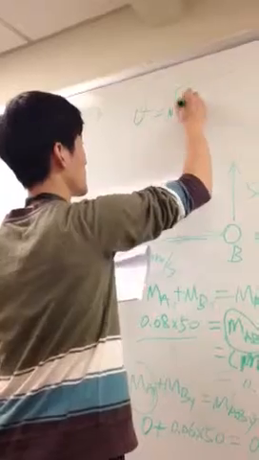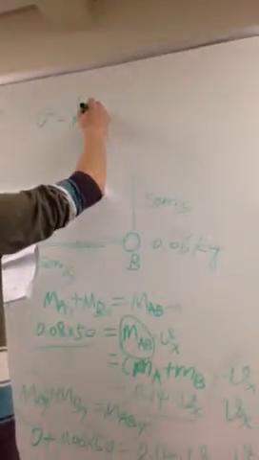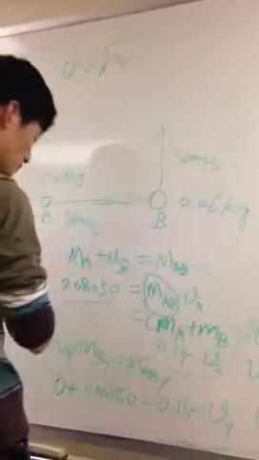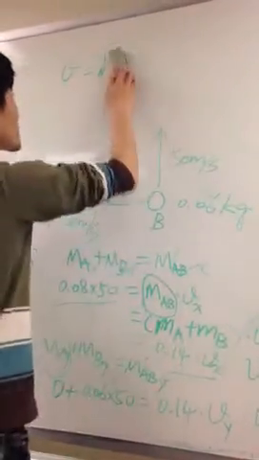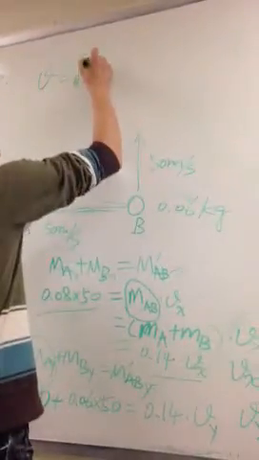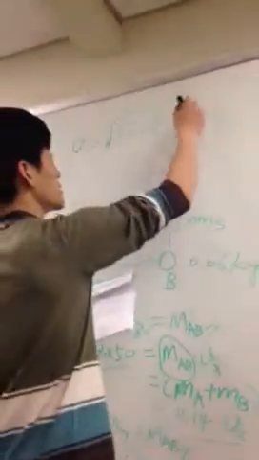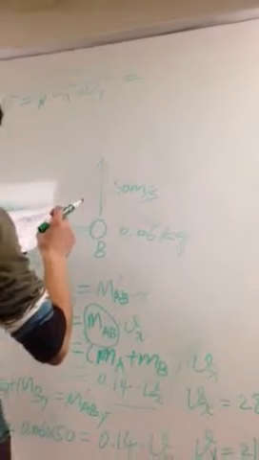V is the square root of velocity x squared plus velocity y squared, right? That'll be the total velocity, and it will be 35.71.